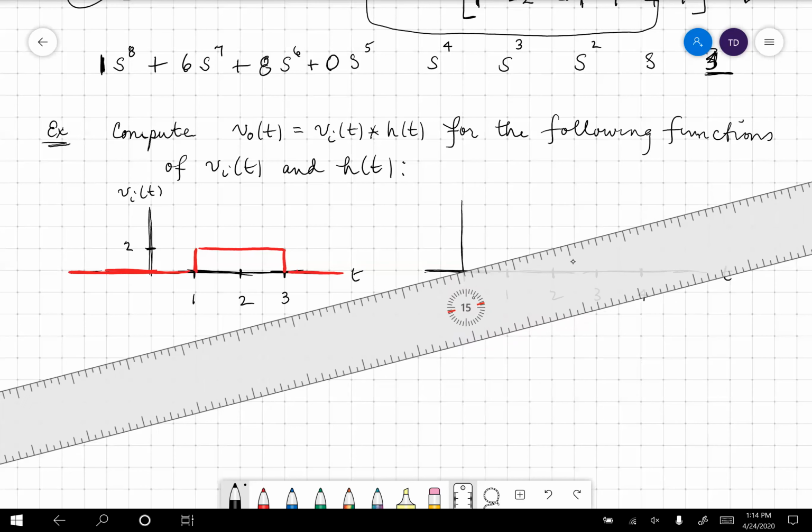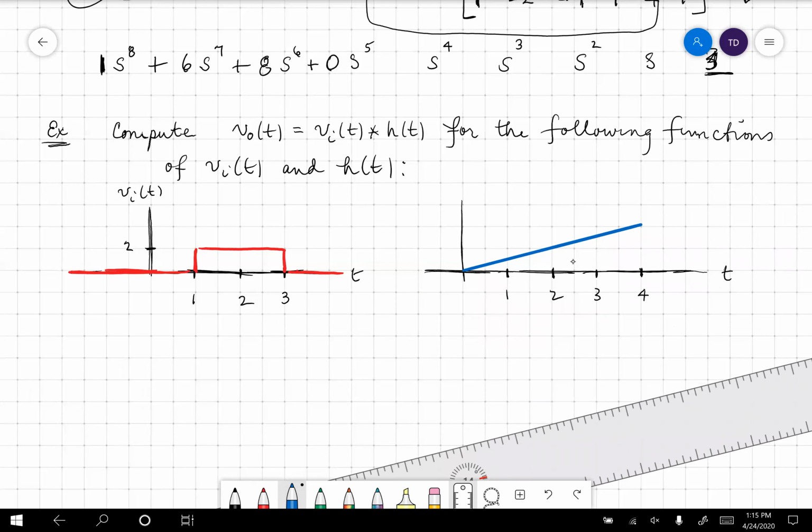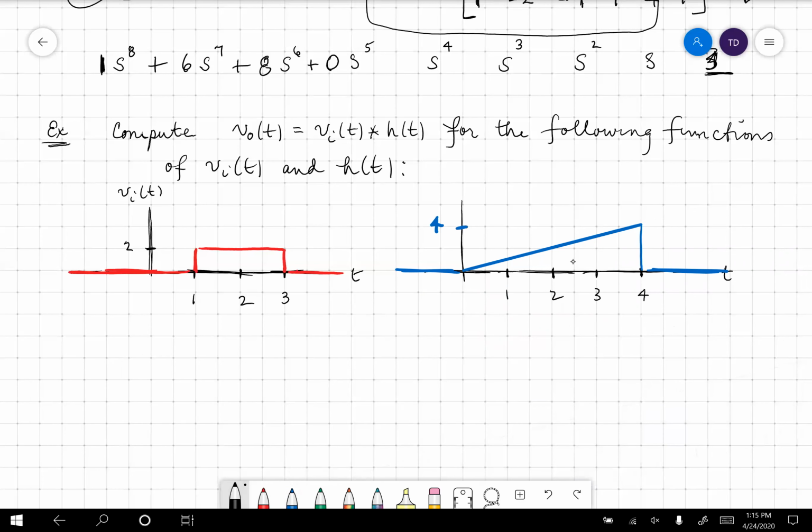Roughly there. So let's let this one be blue. So it's going to be here to about there. Right. 0 there, 0 there. This value here will be 4. So this will be h of t.